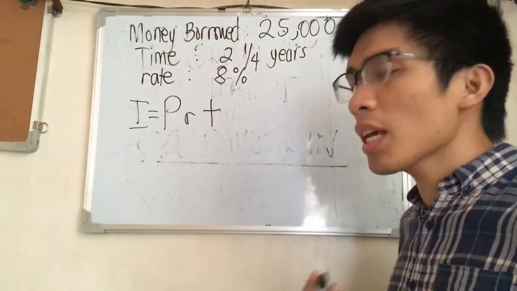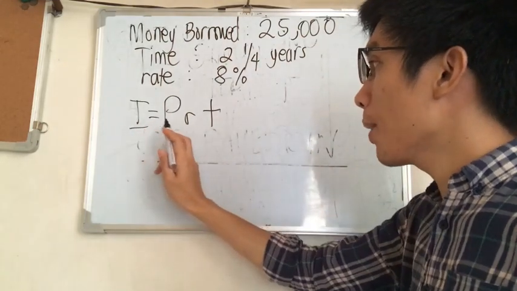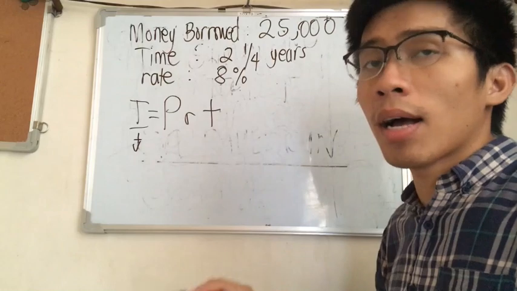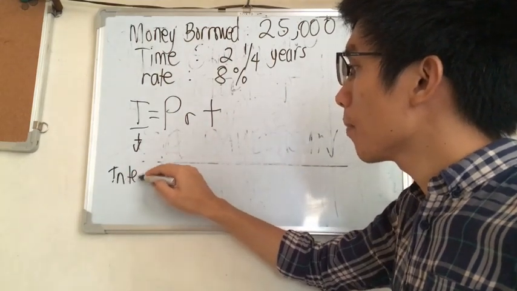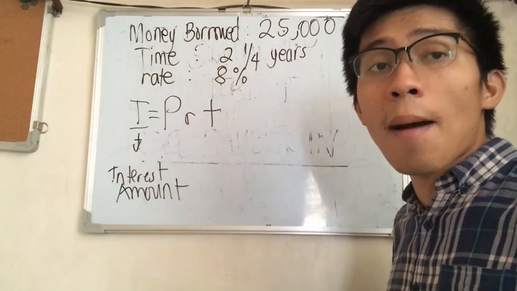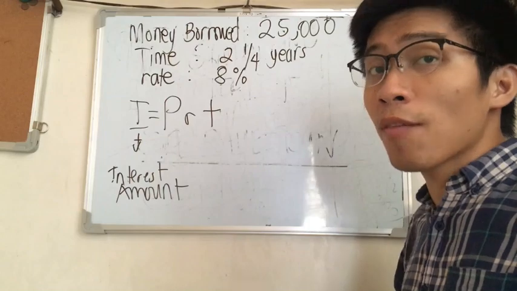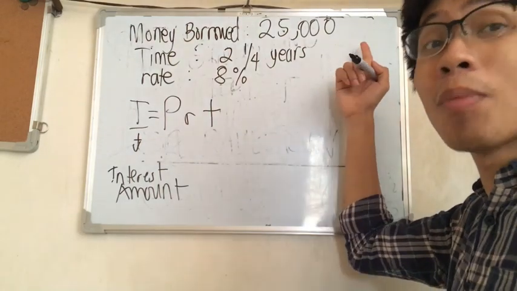So let's define each letter in this formula, I, P, R, T. When you say I, that is the interest amount, meaning that is the additional amount that you have to add to the money that you borrowed.